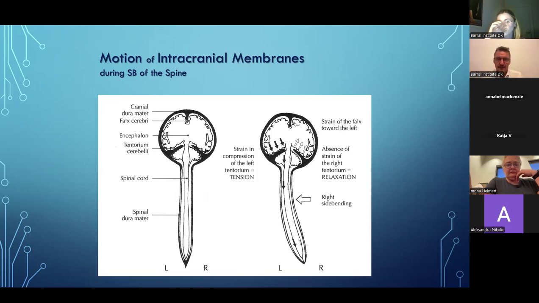So that has a massive effect onto the membranous system and onto the tentorium. So we will evaluate also the cranial dura, so the membranes of the skull, and the spinal dura, then to see how they interact with each other.